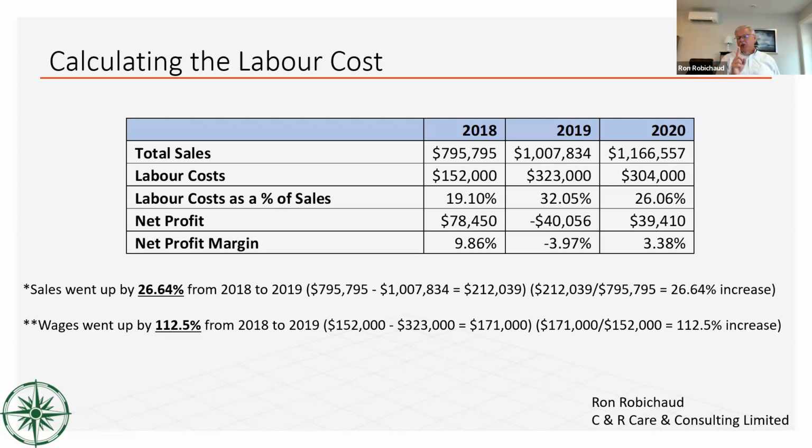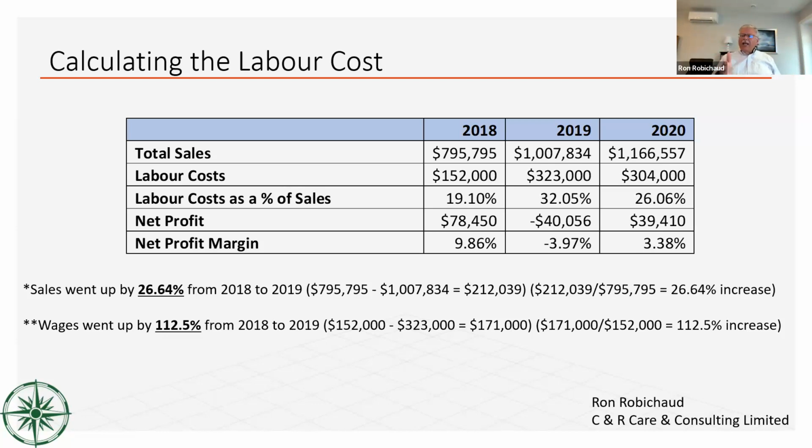So the difference again between 2019, the 32%, and the 26% in 2020, the difference between those two is around 6%. And if we look at the net profit margin, another 6%. So the cost of goods actually was better in 2020 than it was in 2018 when we did that calculation. Remember, it went from 63% to 57%. But the labor cost actually is the culprit.